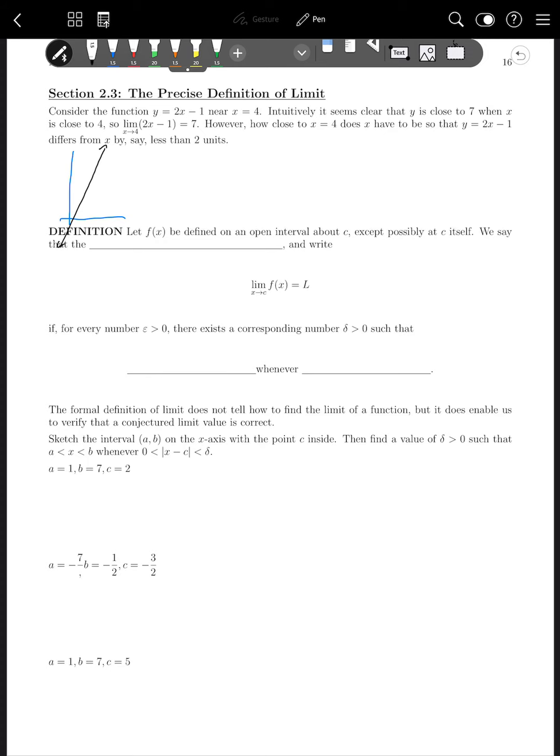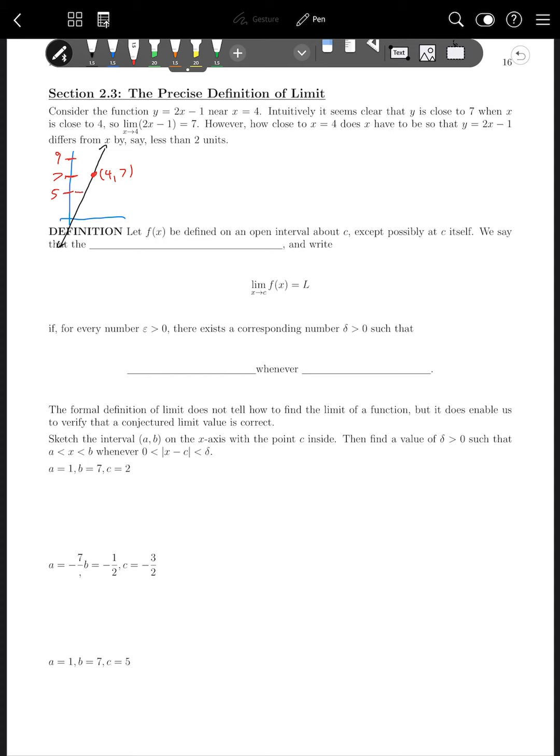And we know in this case that we have this point 4 comma 7. If we restrict our region around this within 2 units, that would be 5 to 9, can we find a corresponding region for x that x has to fall in to make that happen?